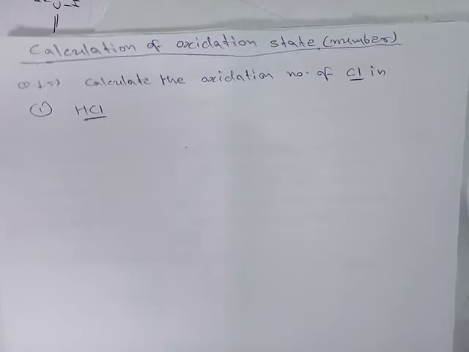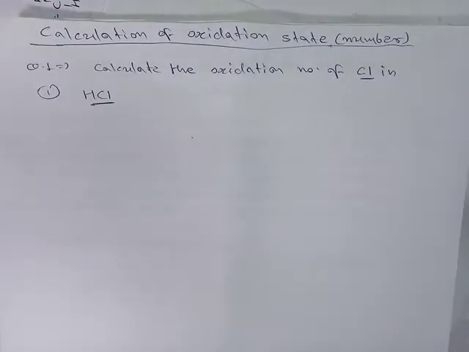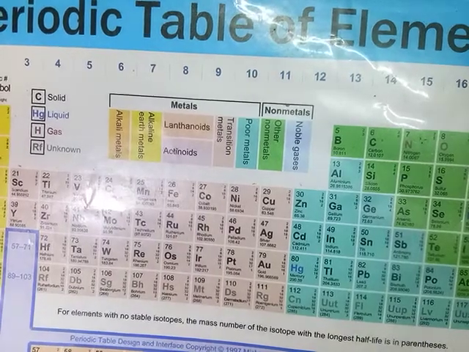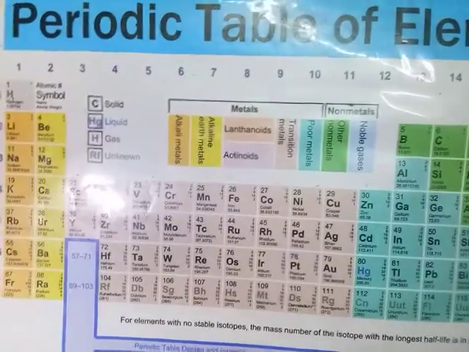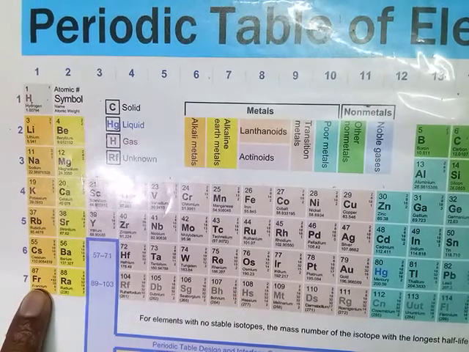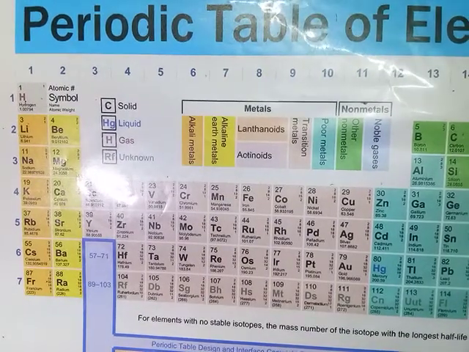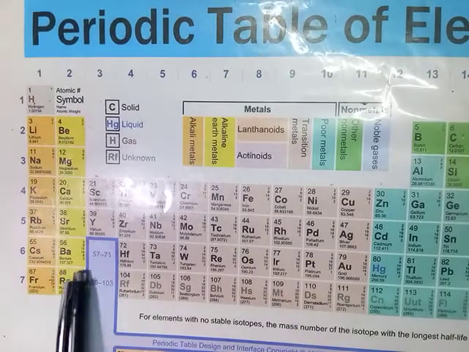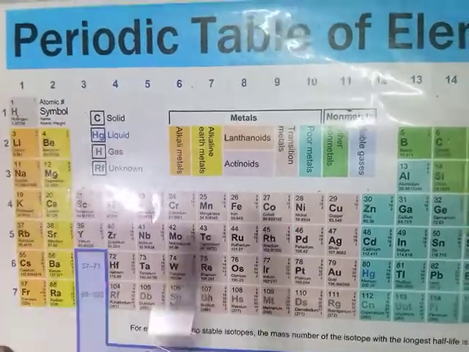So before calculating oxidation state we have to understand some concepts regarding electronegativity. So this is a periodic table in which first group elements are known as alkali metals, and the second group elements are also metals, except hydrogen.